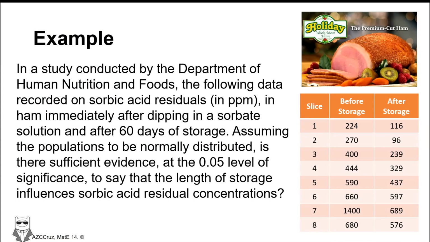Sabi niya, nag-i-influence daw siya ng sorbic acid residuals. So, influence can be both ways. It can influence it positively or influence it negatively. Tama? So, it can either raise the sorbic acid levels or pwede ding i-lower niya yung sorbic acid levels. Tama? So, if that's the case, should this be a one-tailed or two-tailed test?